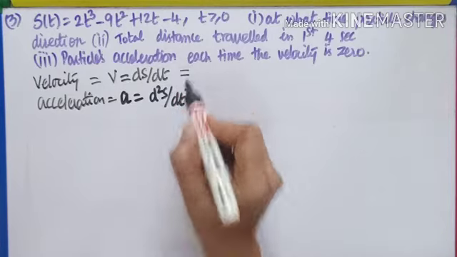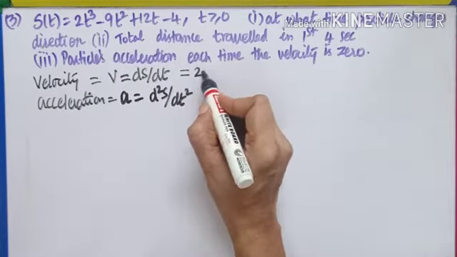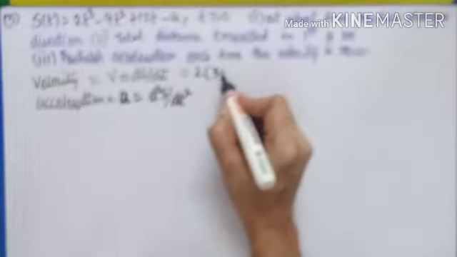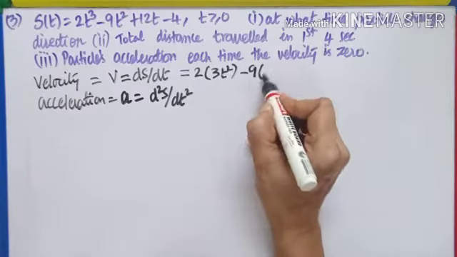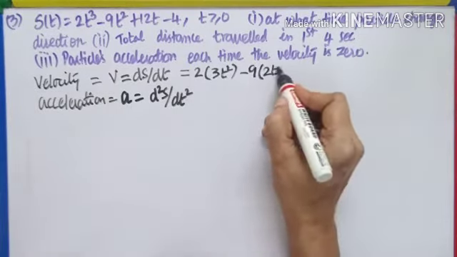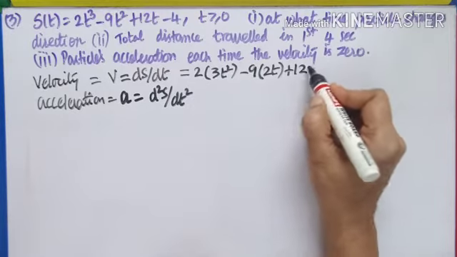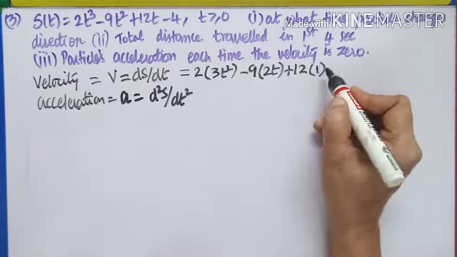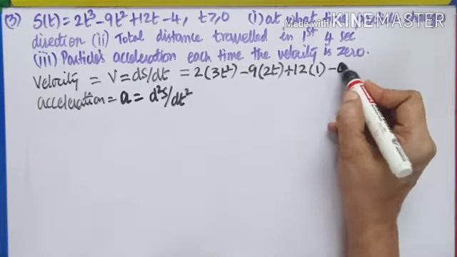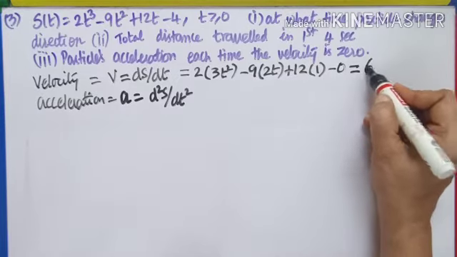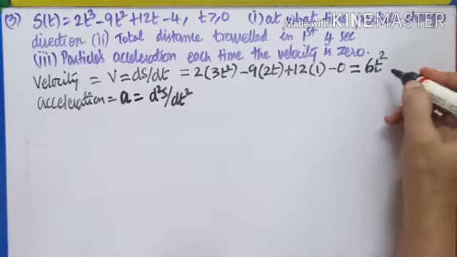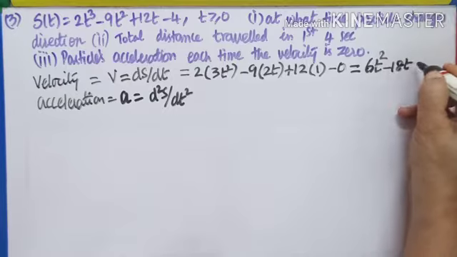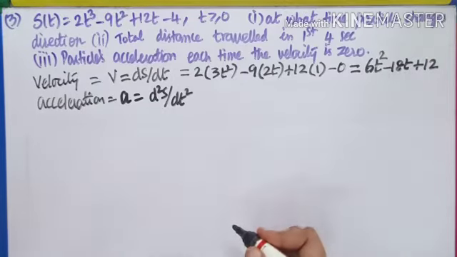This is equal to 2 as it is, t cube is 3t square, minus 9 as it is, t square is 2t, plus 12 as it is, t will become 1, 4 is a constant will become 0. Simplifying this, 6t square minus 18t plus 12.